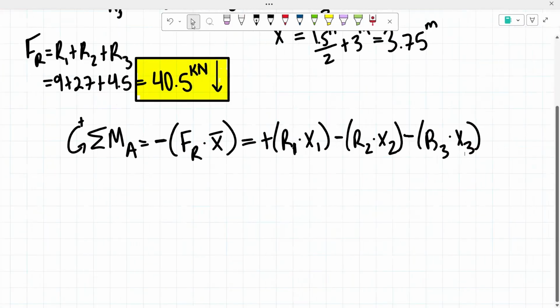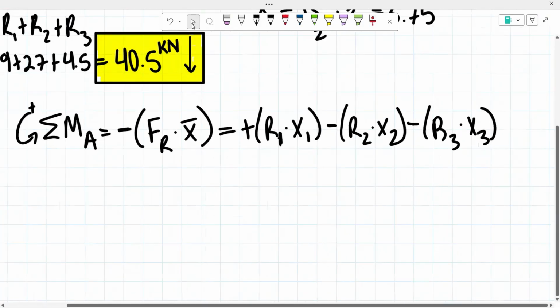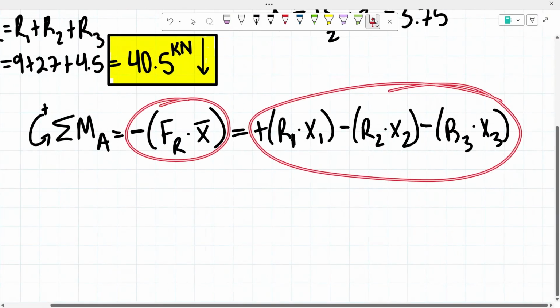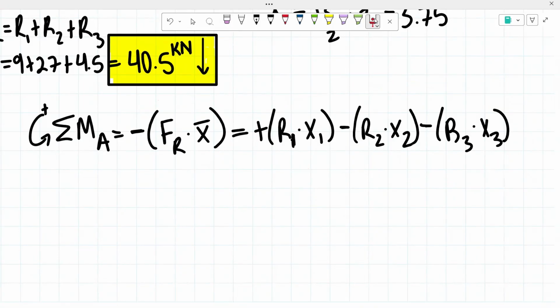So now that we wrote this out, as you can see, we said that this is equal to this, right? So now we're going to rewrite this with the location on one side, since that's what we're trying to figure out.